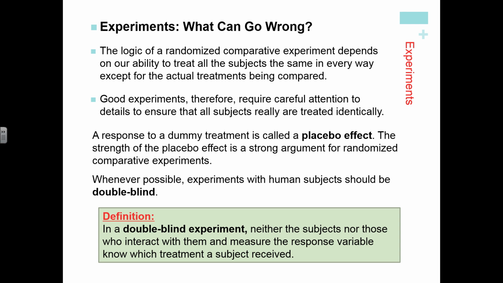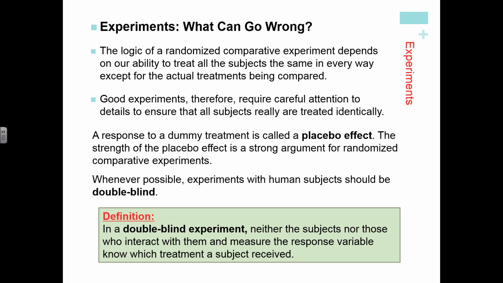You start getting results, you're becoming healed, or you feel better or whatever, because you think that you're receiving some type of treatment. So therefore, because of that, whenever possible, you want to make sure you try to do what we call a double-blind experiment, where nobody knows. The subjects don't know. The people who are actually giving the medicine, they don't know.